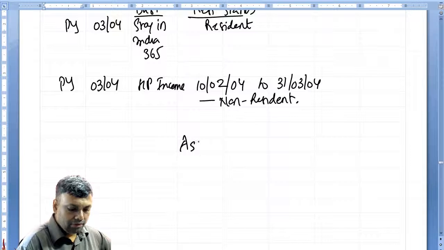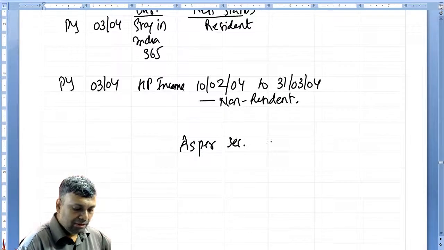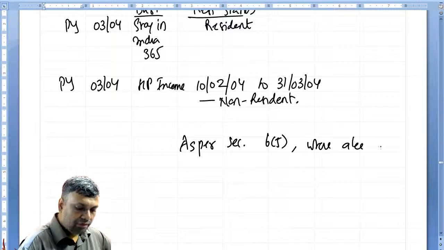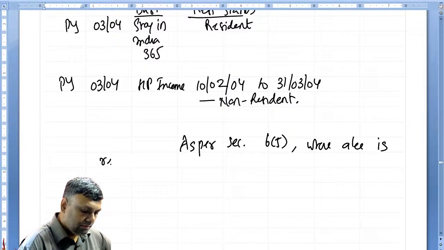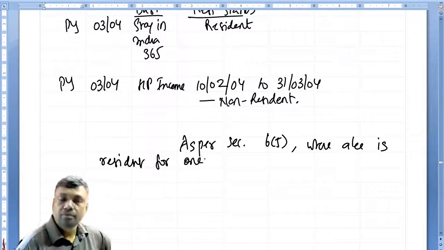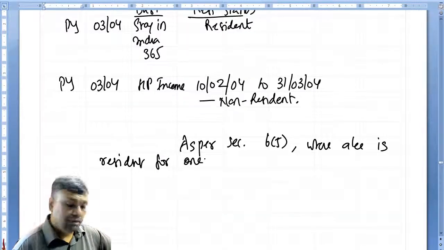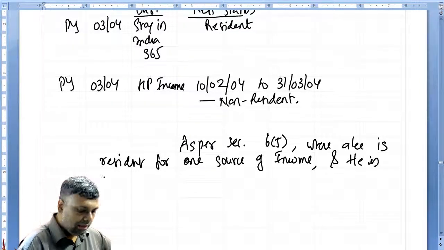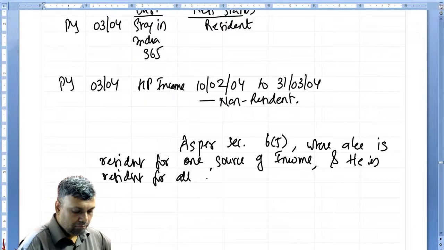Now, the real part of the answer. As per section 6(5), where assessee is resident for one source of income, then he is resident for all the sources of income.